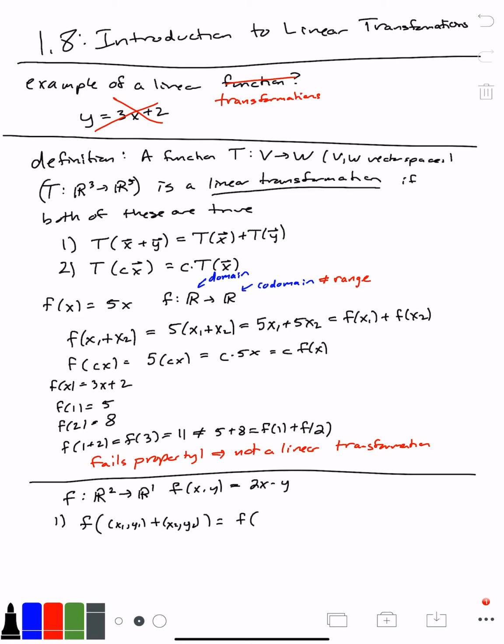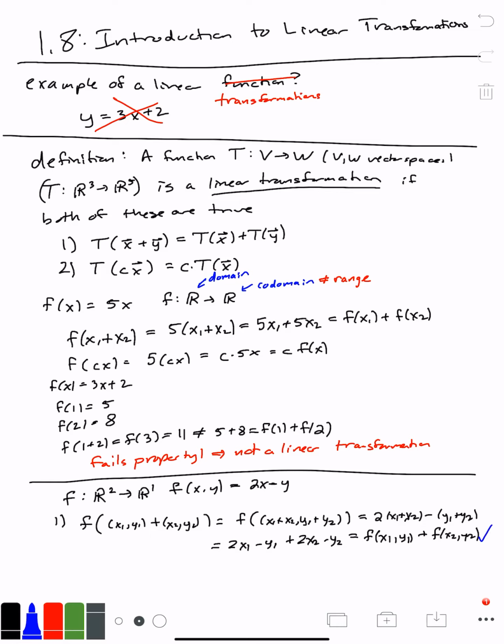If you add them first, you'd have the new vector x1 plus x2, y1 plus y2. Then based on this function, 2x minus y, it would be 2 times the x coordinate minus the y coordinate, which by a little algebra is the same as 2x1 minus y1 plus 2x2 minus y2, which is the same as the function applied to the first point plus the function applied to the second point. So it satisfies condition 1.